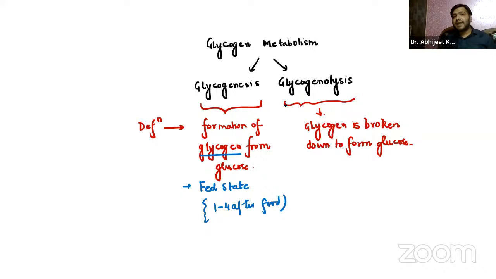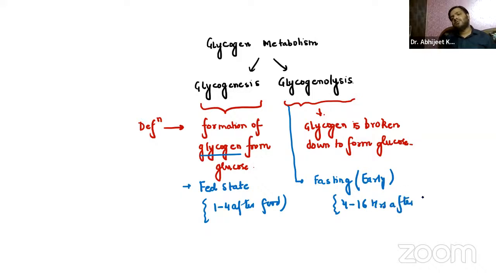And glycogenolysis basically occurs in the fasting state, the early fasting, usually 4 to 16 hours after food. So that is the basic difference between glycogenesis and glycogenolysis.